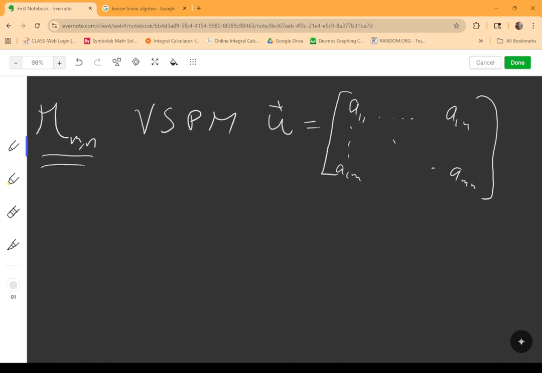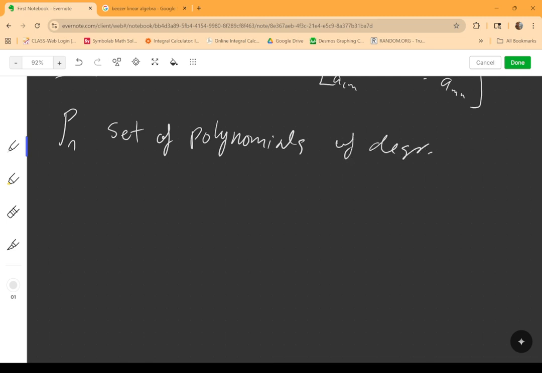Now, one that we haven't seen before in this class, but you probably have worked with extensively in your calculus courses, is polynomials. Here, P sub n is the set of polynomials of degree at most n, again with real coefficients.